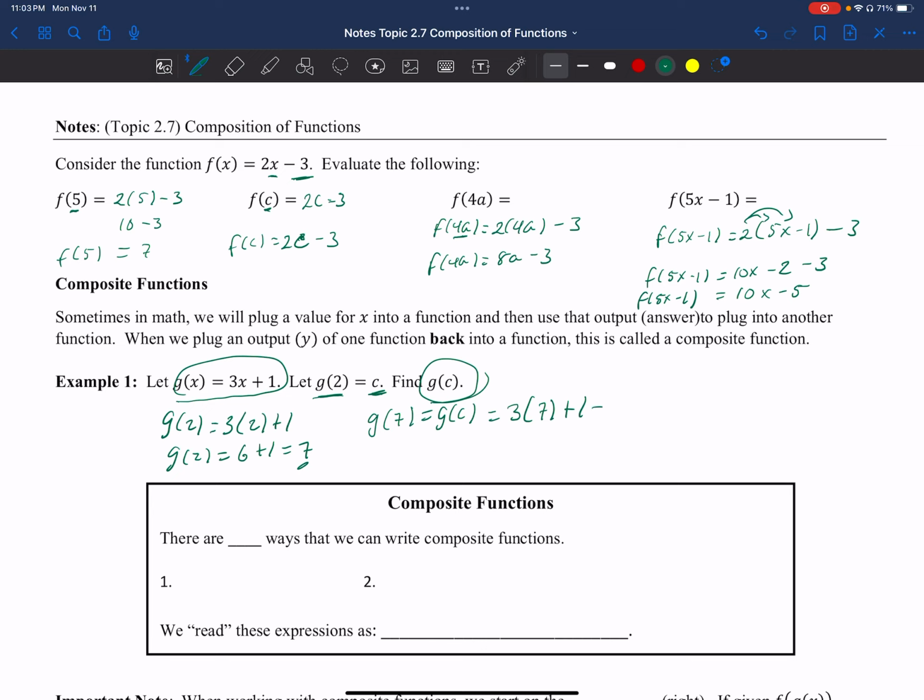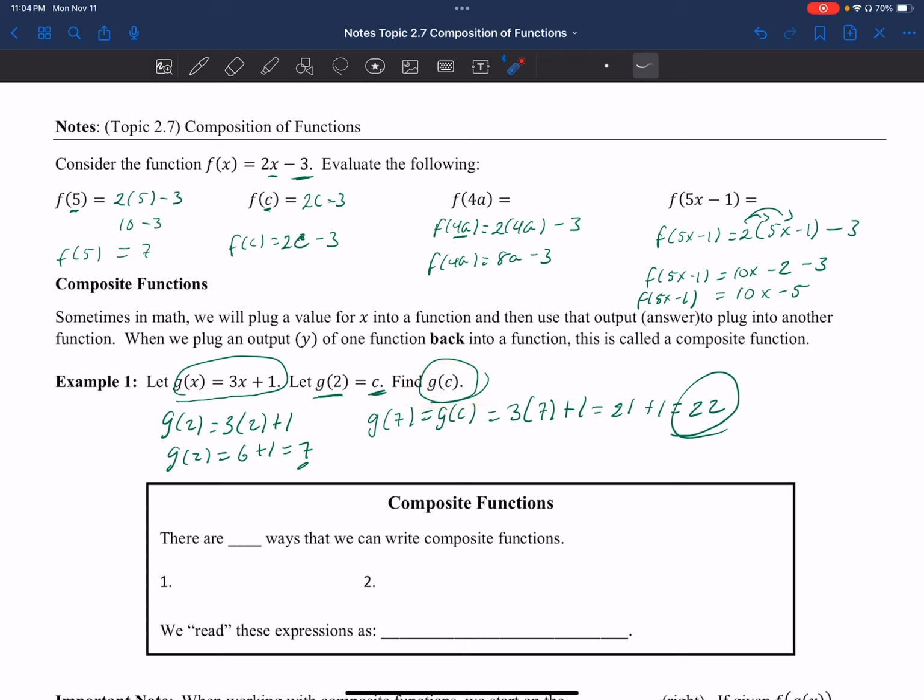So that will give me 21 plus 1, which is 22. So this is an example of a composition of functions, again, where you took your output and then converted it into your input here, and then evaluated it both times using g this time.